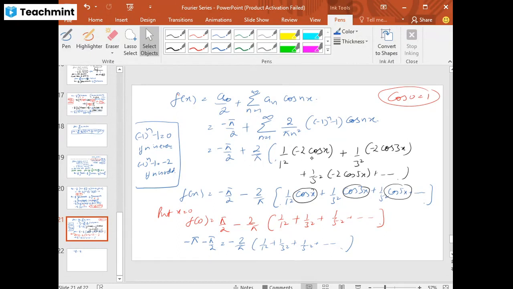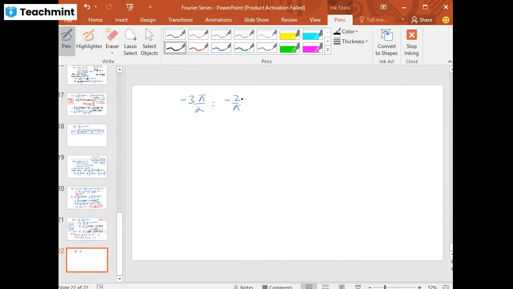Okay, basically, if I take 2 common, it is minus 4. It is not 2, it is basically 4, because 2 is already there, and I have taken minus 2 common in all the terms. So minus 4 by pi times 1 upon 1 square, 1 upon 3 square, 1 upon 5 square, and so on.